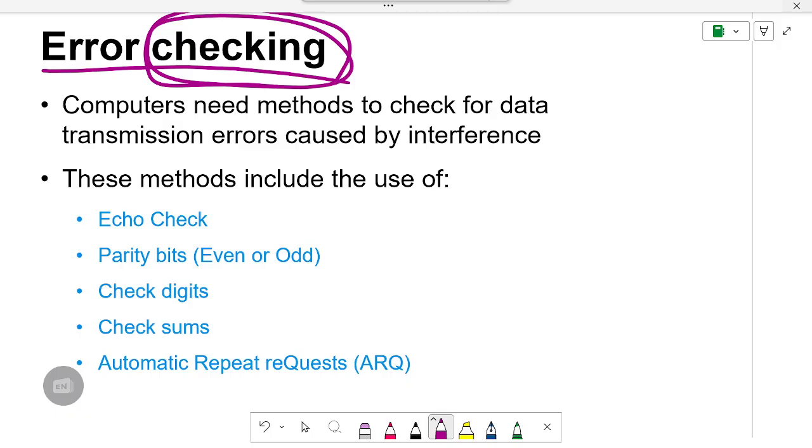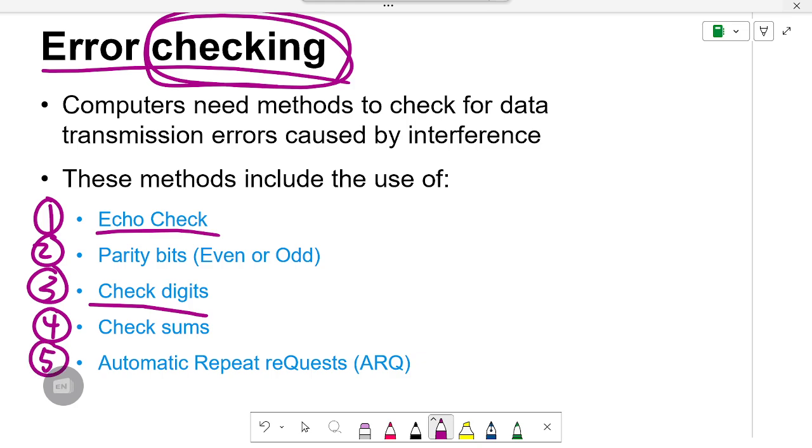And we have 5. We have echo check. We have parity check. We have digit check. We have checksums. And we have automatic repeat request. Today I'm going to show you 5 methods for how to find the errors in the signal.